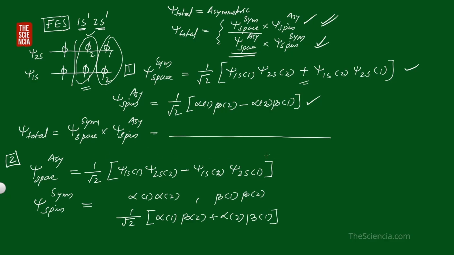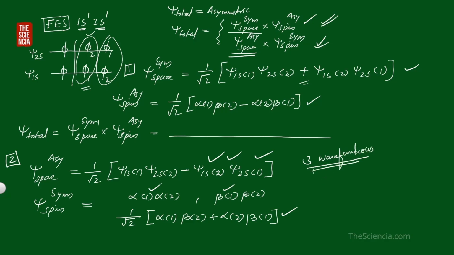So multiplying the space part with this one, you will get one wave function, multiplying it with this one, you get another one, and multiplying it with this one, you will get another one. Okay. So there are a total of three wave functions we will get.